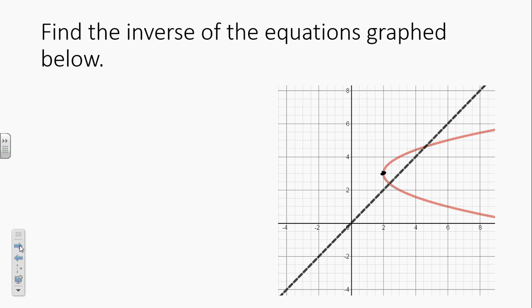Two to the right and three up, okay? So this is a square root that is 2 to the right and 3 up. How do I make it go 2 to the right?